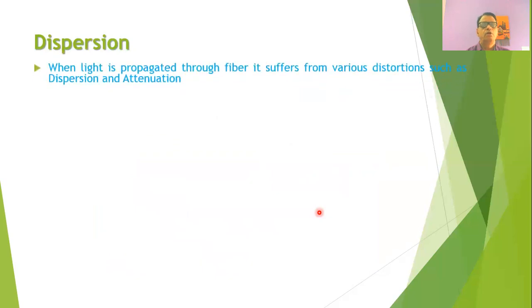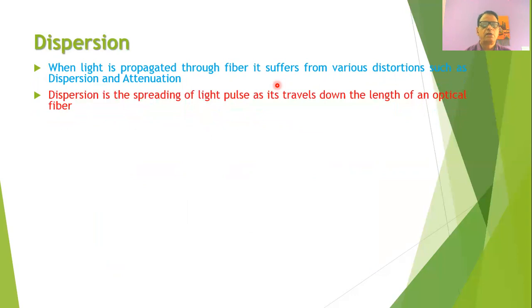So let us understand what we mean by dispersion of the light ray in the fiber. As I told you, when the light is propagated through the fiber, it will suffer from various distortions, mainly either dispersion or attenuation. Dispersion is a kind of spreading of the light.